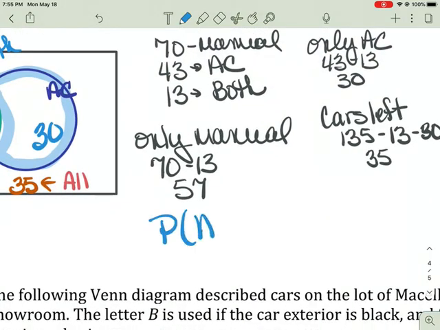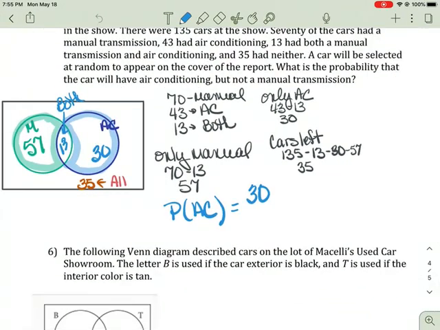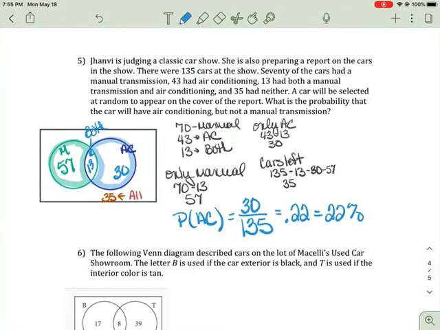So probability of air conditioning: we had 30 with just air conditioning out of the 135 total cars. That's going to give me about 0.22, so 22%. That car would be on the cover of the report.